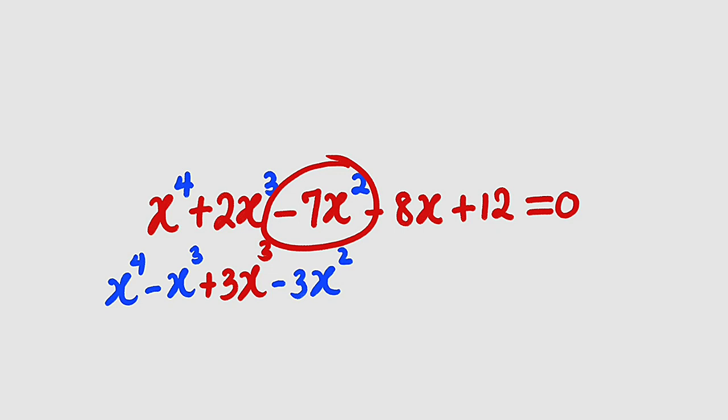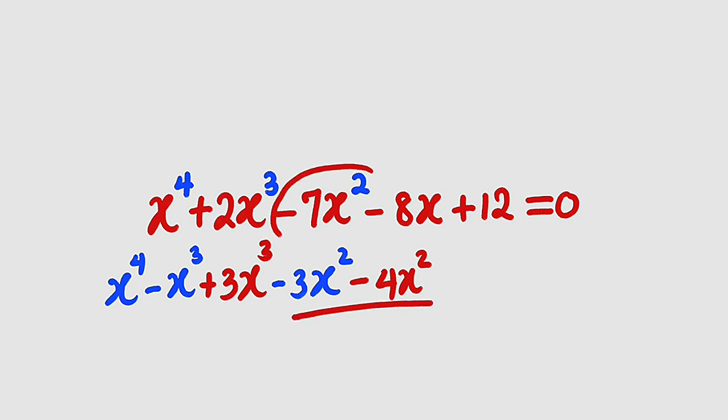Negative 7x squared. But this is what? Negative 3x squared. So what do we have to get? We have to get negative 4x squared, because this and this together will give us this. Negative 3, negative 4 is what? Negative 7. Then we are done with negative 7x squared.